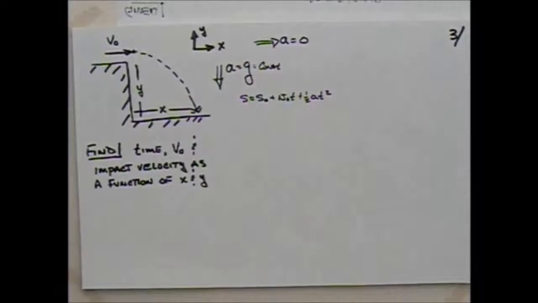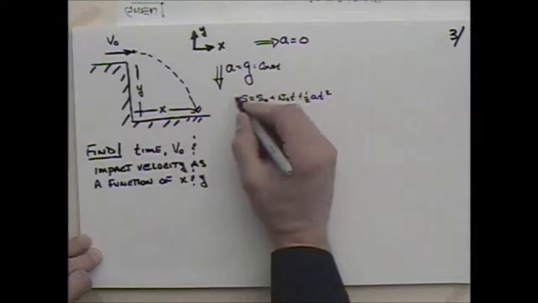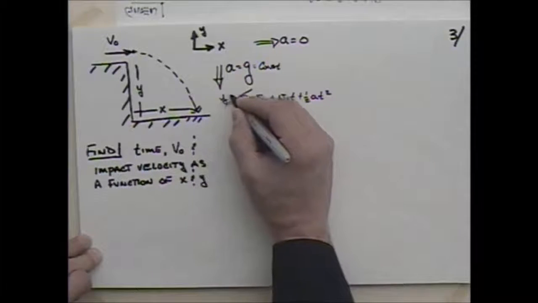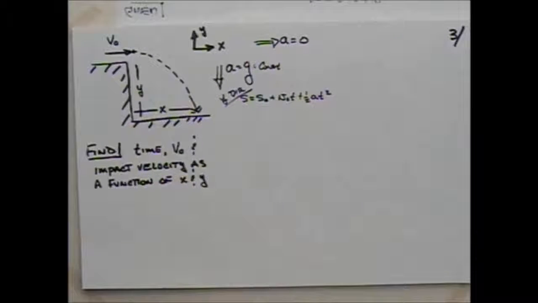So I'll start with that equation there. And if I look in the y direction, taking y as up, y is the vertical direction. What's the initial velocity of this thing?